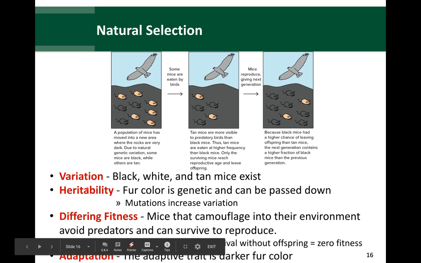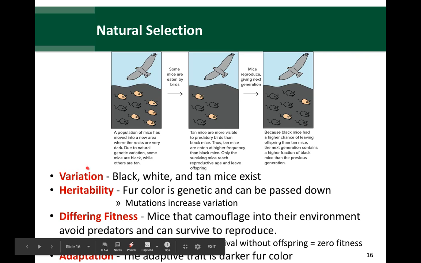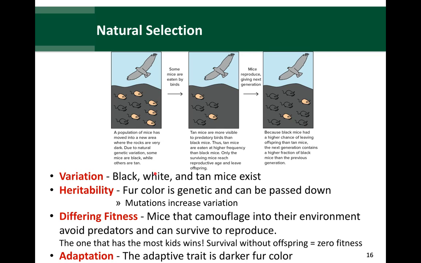A second tenet of natural selection, heritability, is the idea that fur color is genetic and can be passed down. Mutations overall can increase this variation, like the mutation that leads to albinism. So maybe that's white. But if the trait is heritable, that is coded for by a gene. And each gene may have various alleles that help to code for the traits.